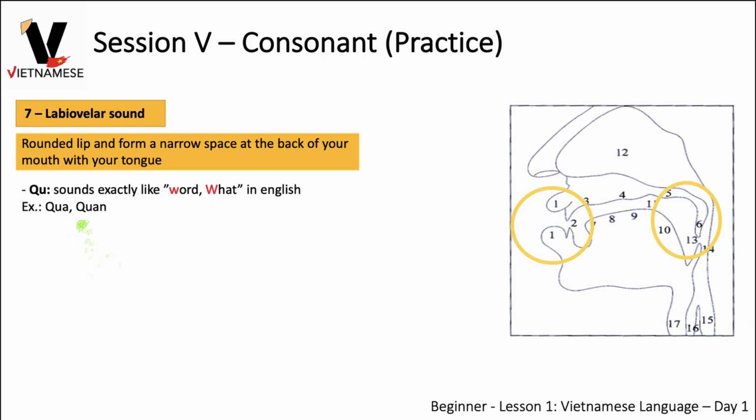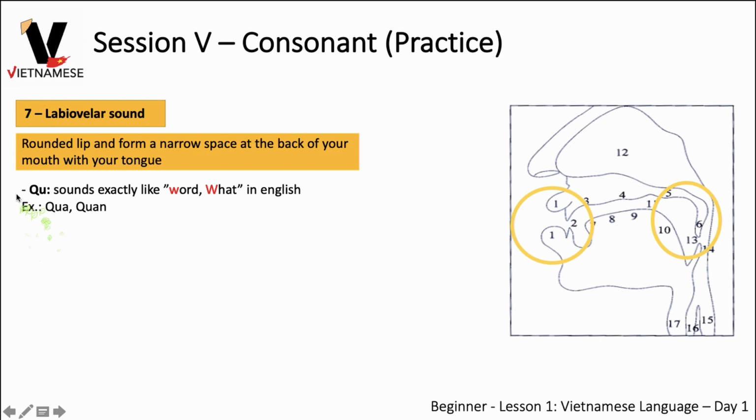And the last one is labiovelar sounds. This sound is produced with the rounded lips that form a narrow space at the back of your mouth with the tongue. It's quite complicated to describe, but this sound is exactly like "word" or "what" in English. It's like w.